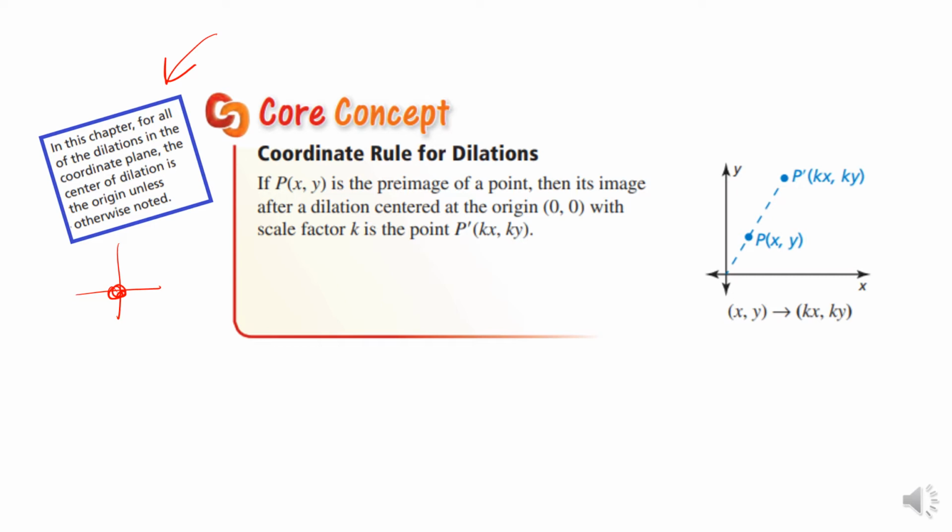If P(x, y), so that's point xy, is the preimage, so this is my old one, then its image after dilation, with the origin being the center, is the scale factor. So we find a scale factor, and all we have to do is multiply it by our x and by our y, and that gives us the new image, the P prime. So it's kind of cool. It's not difficult at all.